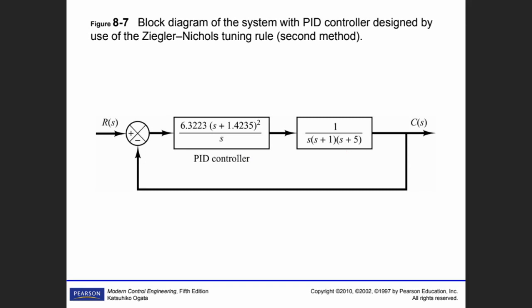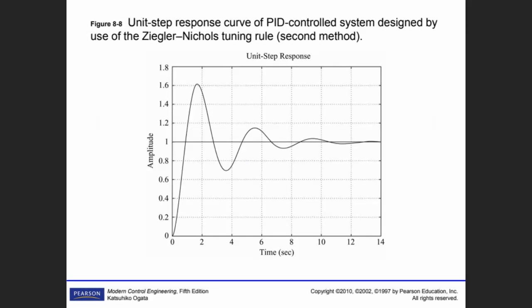What's going to happen? Of course, when you multiply this, you end up with 60% overshoot.